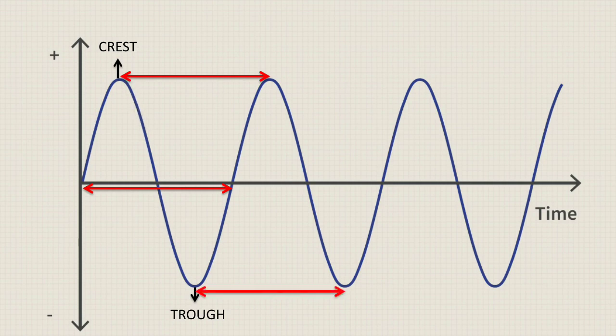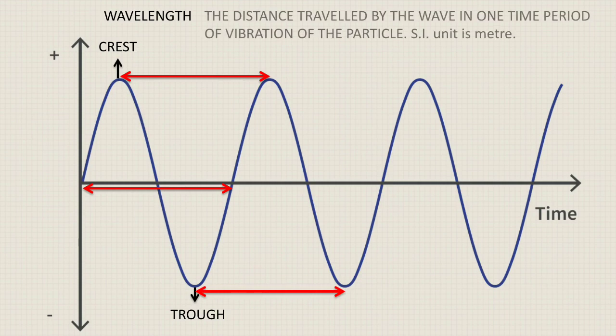So the wavelength can be defined as the distance traveled by the wave in one time period of vibration. In one time period, it travels from here to here, and in one time period it completes one vibration.